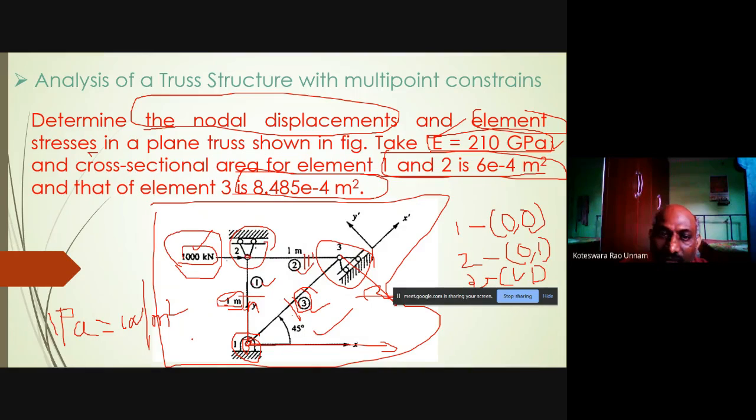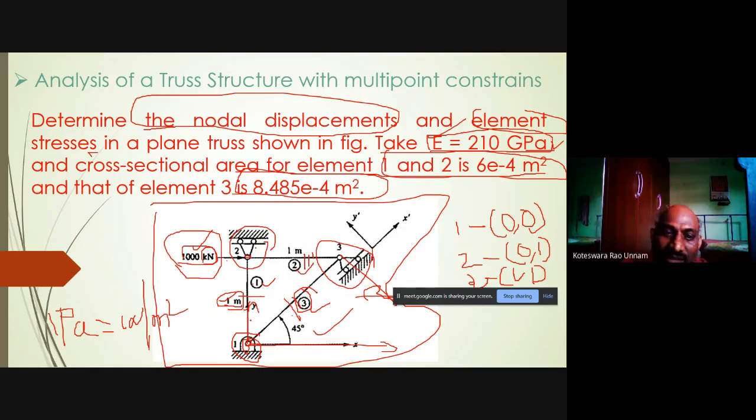So that means here your load is in kilonewtons. If you write 210 into 10 power 9, it becomes 2.1 into 10 power 11 Newton per meter square. So here the load unit is kilonewton, while the modulus is in Newton. Therefore you have to change this load into newtons.